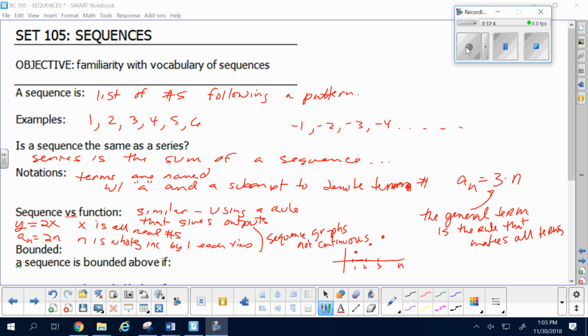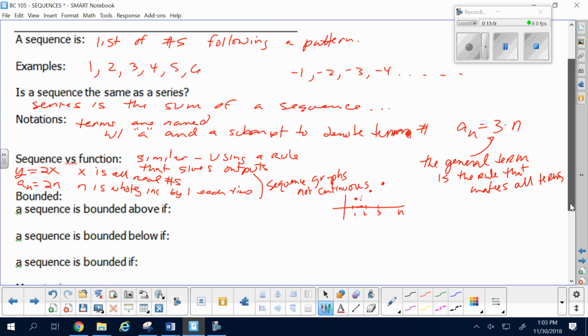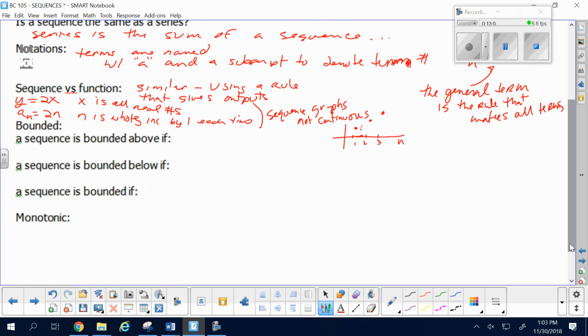And you do not connect the dots, because if you were to connect the dots, you would be saying, hey, buddy boy, the 1.3th term is, well, that's stupid. There's no such thing as the 1.3th term. Right? Right, Mr. Rickman, I agree, 100%. All right.